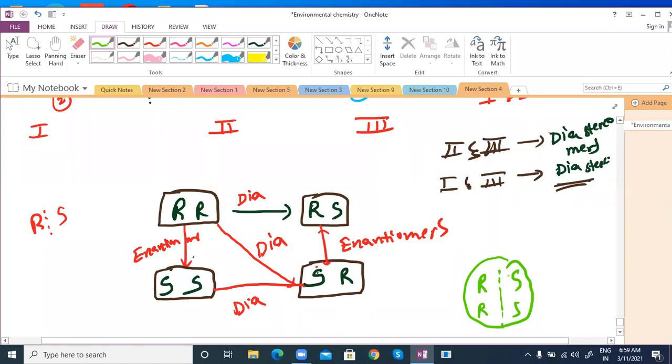Those are enantiomers. Otherwise, if you are writing RS, the mirror image is SR. Opposite. These are also enantiomers. So first we have to learn how to write RS nomenclature. If you learn that, even if they give any advanced question, we can do it very easily by RS nomenclature.